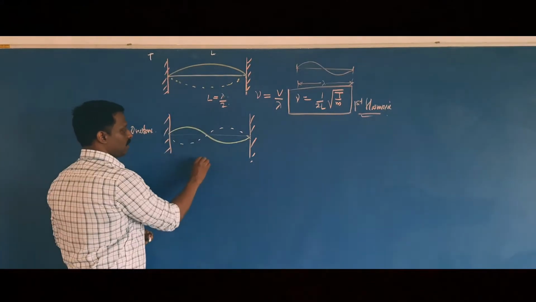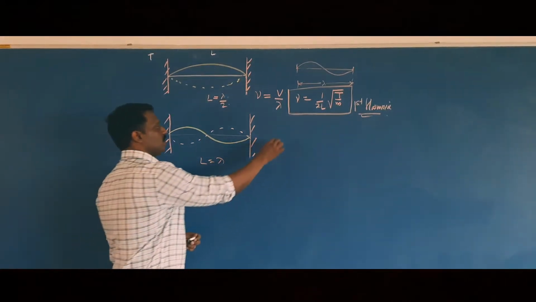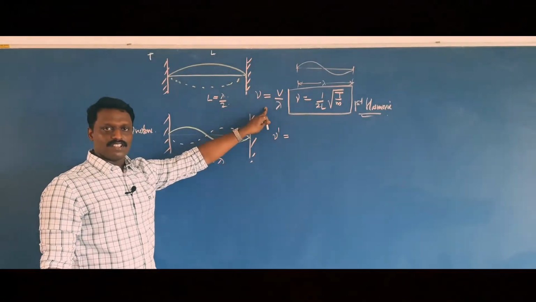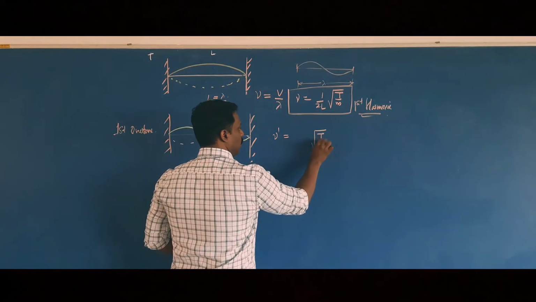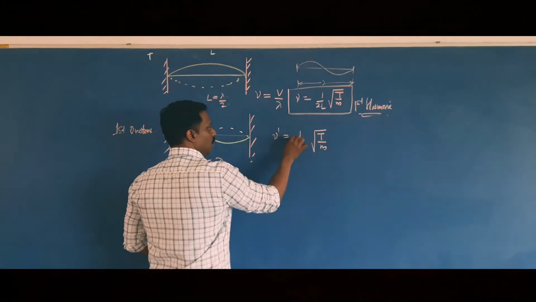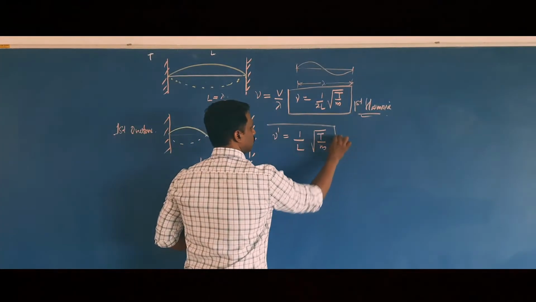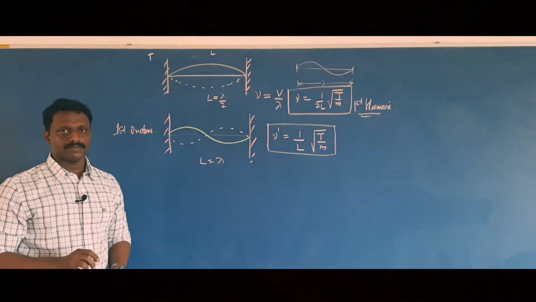And we can see that the length of the string is the wavelength here. So the frequency corresponding to the first overtone, using the general formula v by lambda, root of T by mu, velocity, 1 by lambda is 1 by L. This is the first overtone.